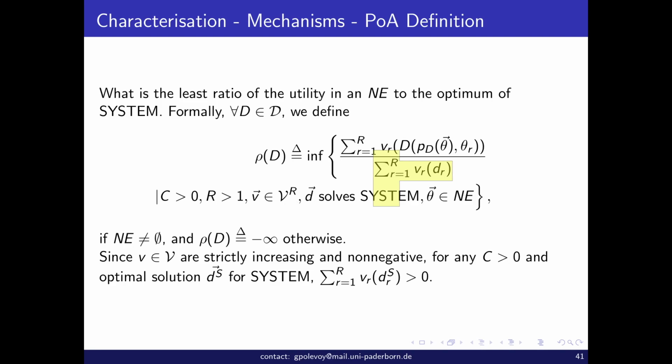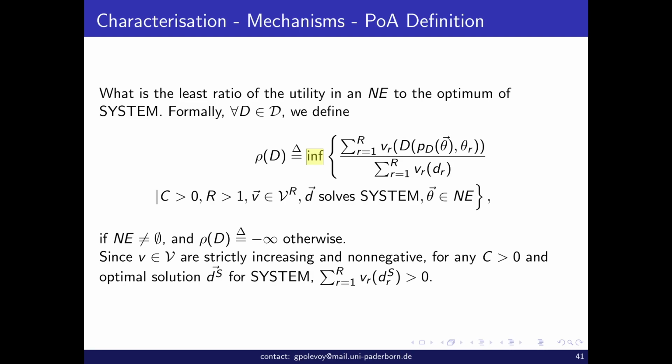The interesting solutions, those that can get us closer to infinity, are optimal. And since these functions are strictly increasing and non-negative, for any c greater than 0, when the set of resources to divide is greater than 0, it's going to be strictly positive.